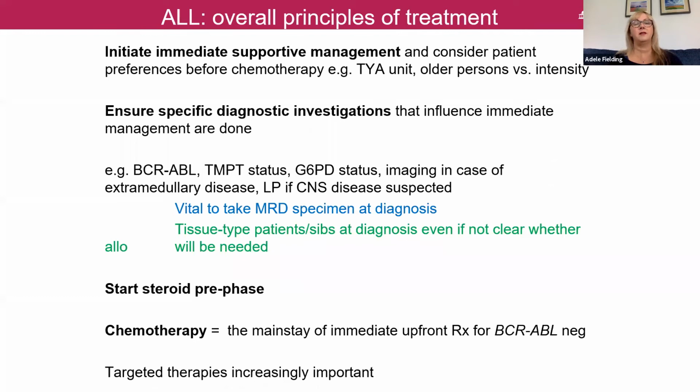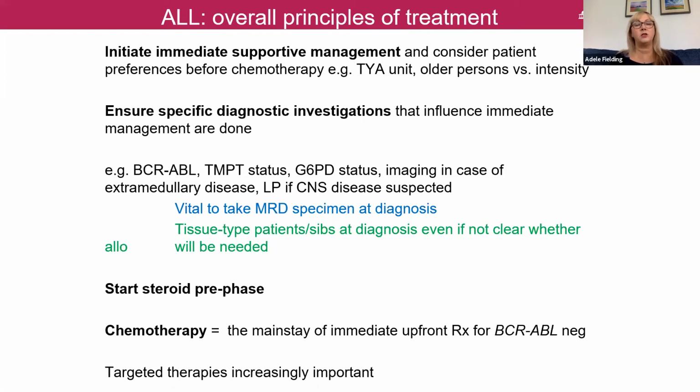There are also things that we need to do to analyze certain genetic variants that might put people at more risk from certain drugs. Thiopurine methyltransferase is an enzyme that affects how people metabolize 6-mercaptopurine, which is a very commonly used drug in ALL.